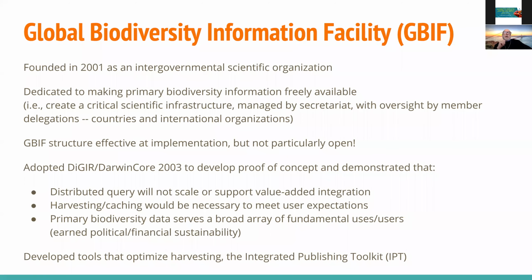It needed a lot of money, and it needed to become a critical piece of science infrastructure. So there was an effort to develop an intergovernmental agreement that countries would sign up to, and the concept was to make GBIF, the Global Biodiversity Information Facility, an organization funded by countries, but open to membership also to international organizations.